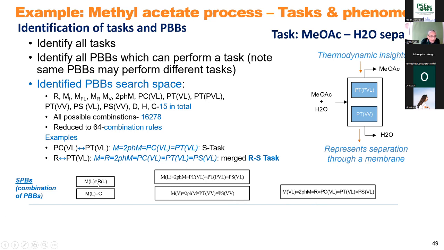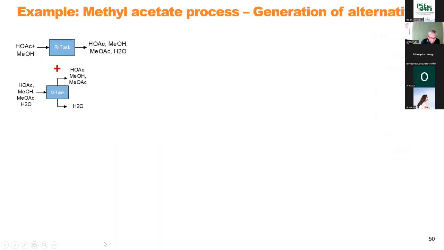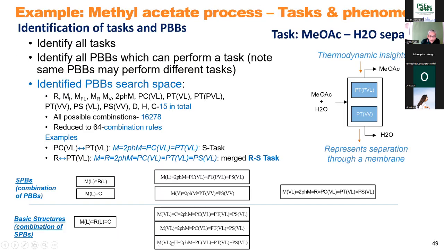We can also combine these two together. Then we have a liquid phase reactor, which is cooled. By combining these together, we have a distillation column, and we keep this like it is now.